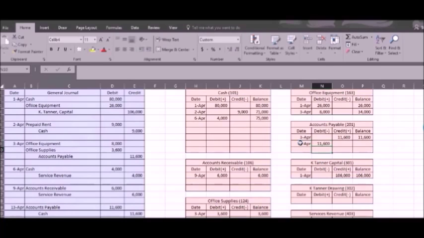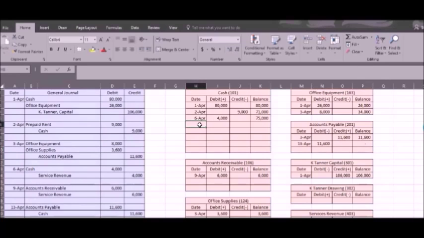Now I'm going to build my formula. Remember, this is a credit balance account, so for that debit, I'm going to subtract the debits and add credits. And our balance goes to zero because we've paid it all off, right?